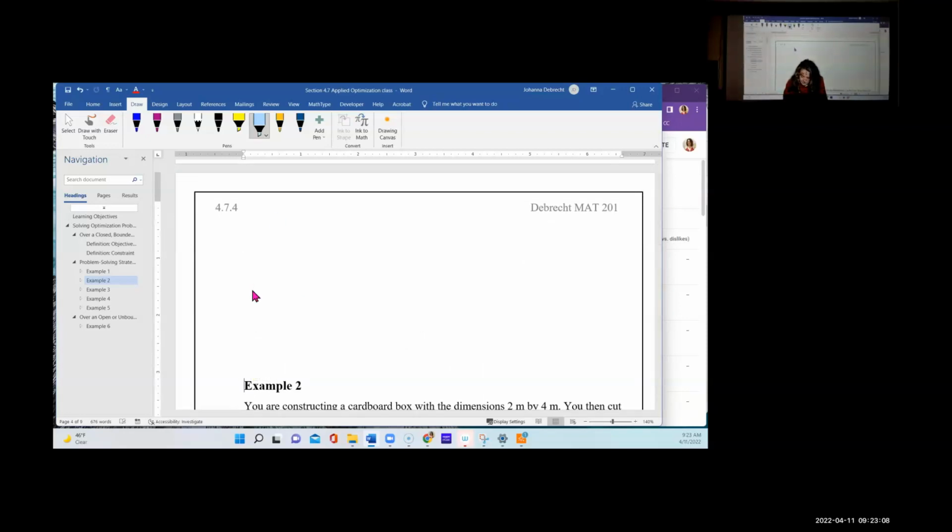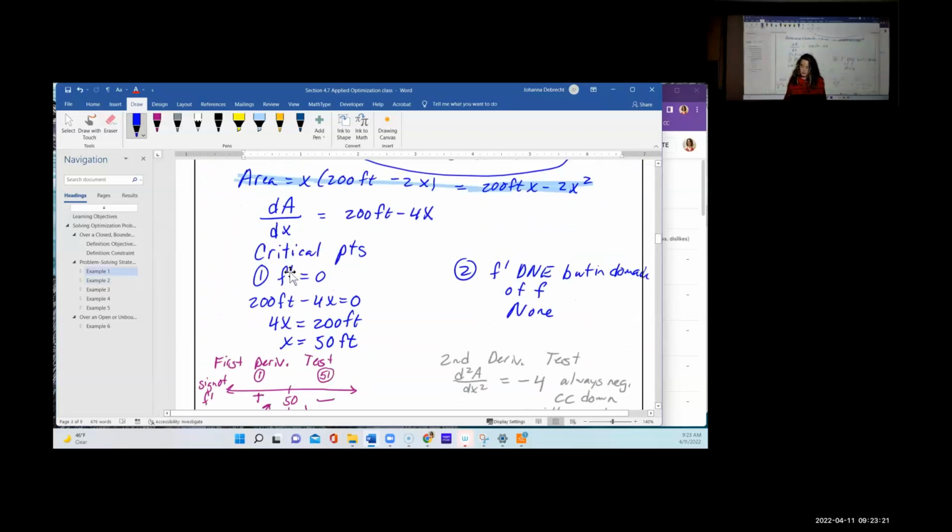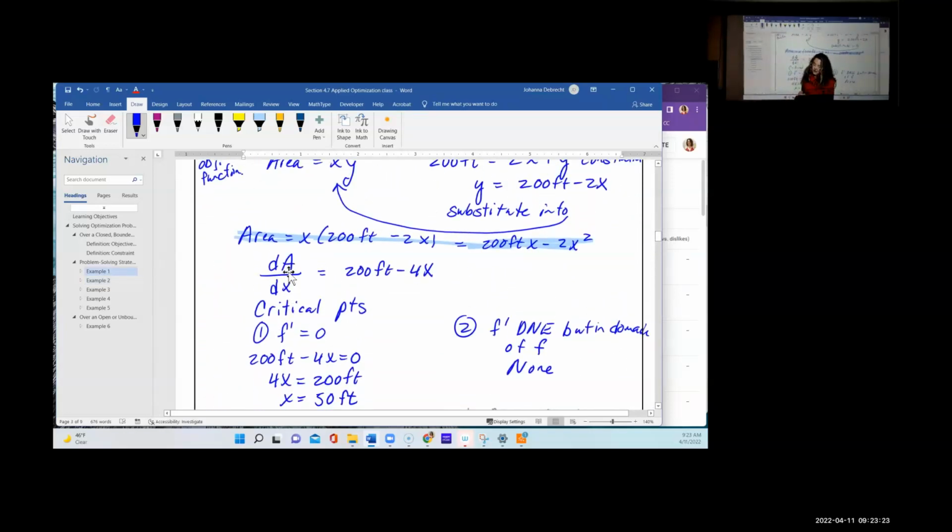All right, so that was my original function, area as a function of x.